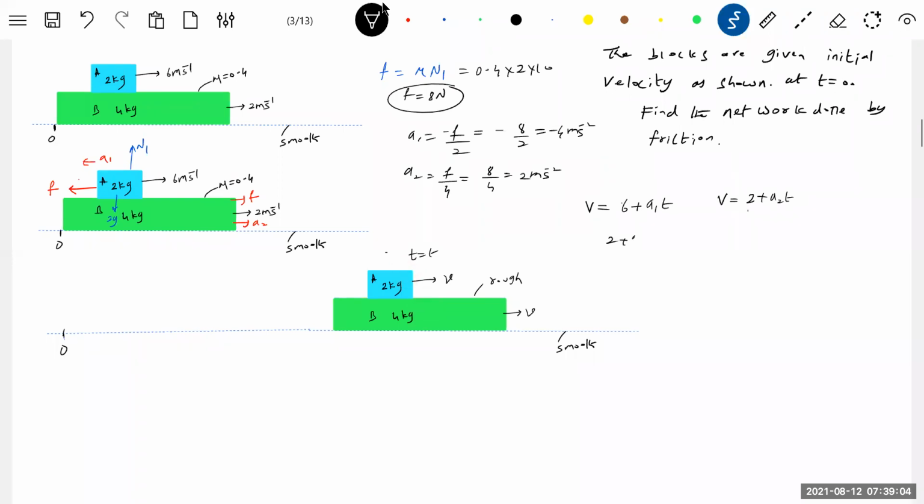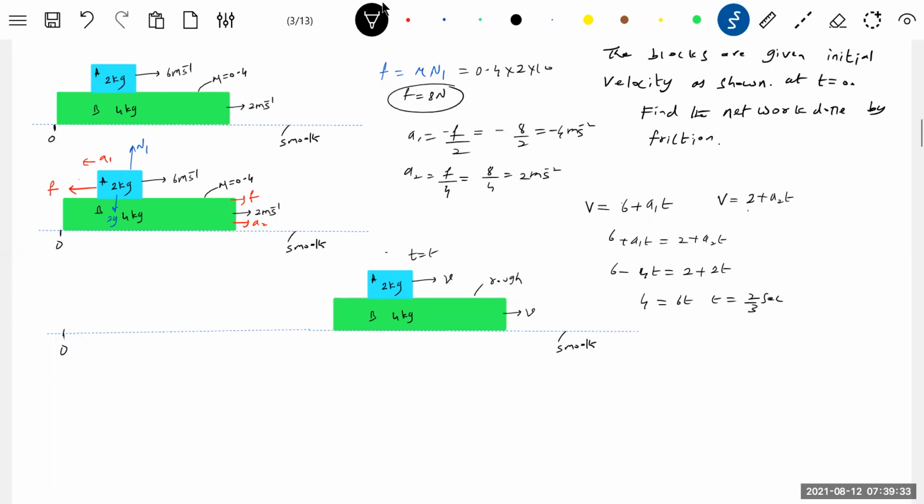I'll substitute a1 with sign: 6 minus 4t equal to 2 plus 2t. So 6t equal to 4, or t equal to 2 by 3 seconds.